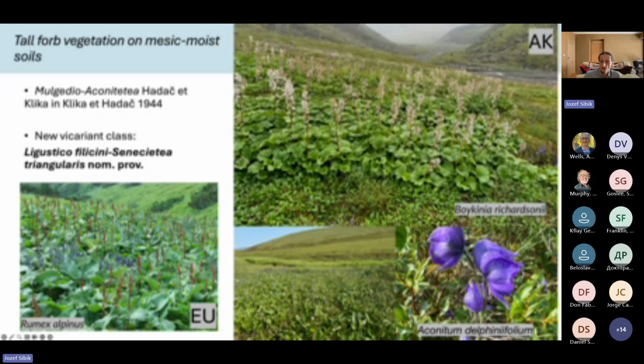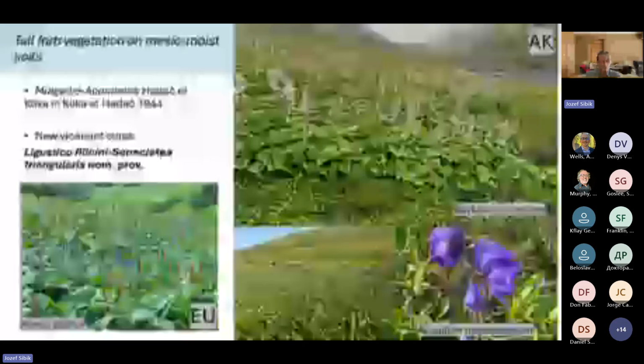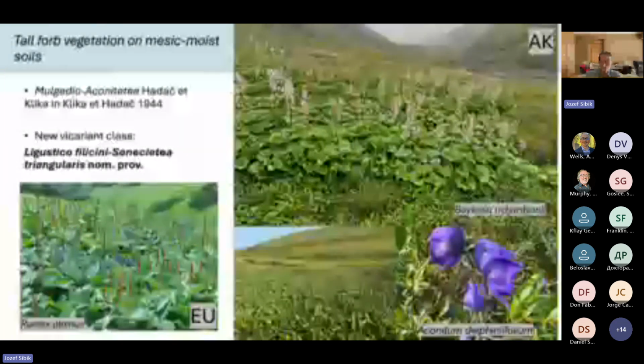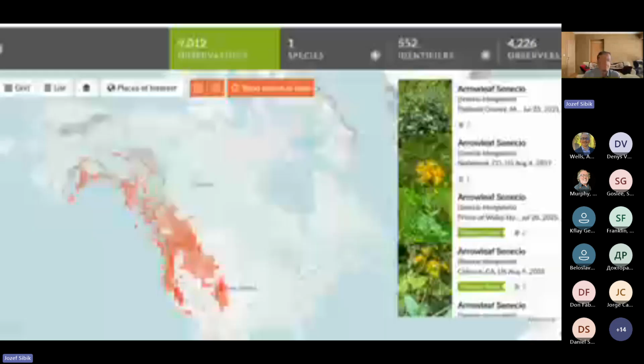And here are pictures from Alaska that are physiognomically and ecologically very similar. So there is a new suggestion of describing a new class that will incorporate all these kinds of tall forb, tall herb vegetation types from North America.